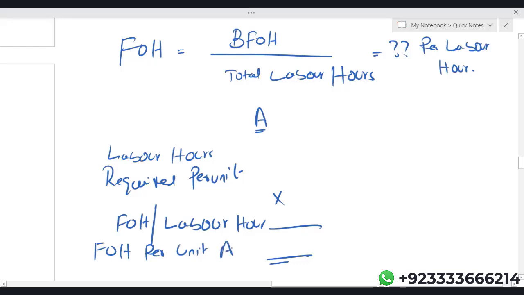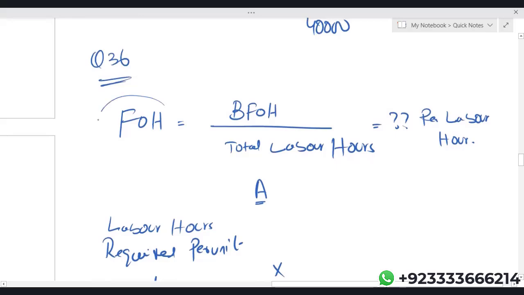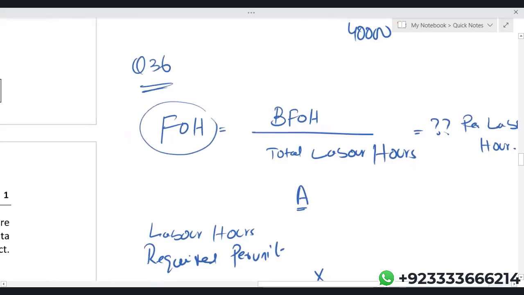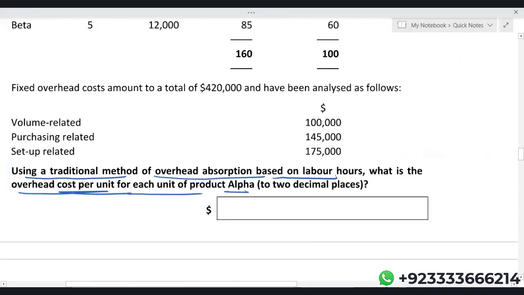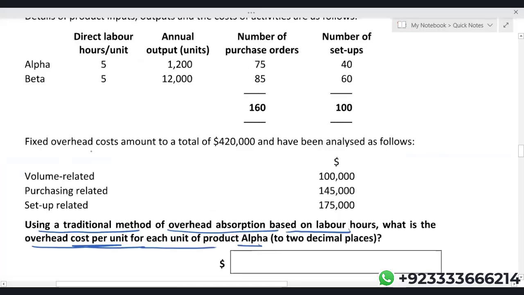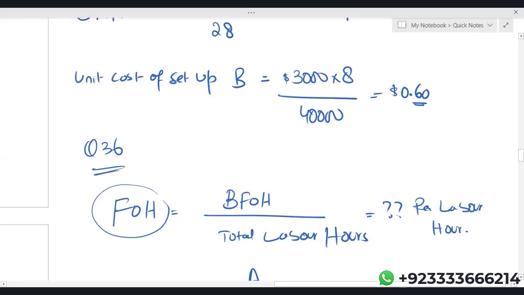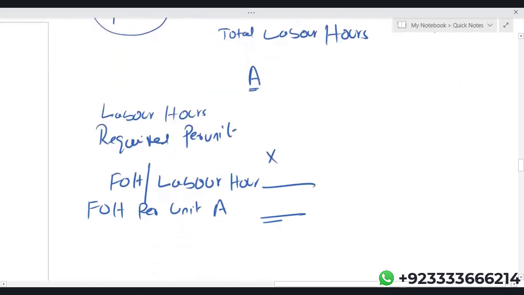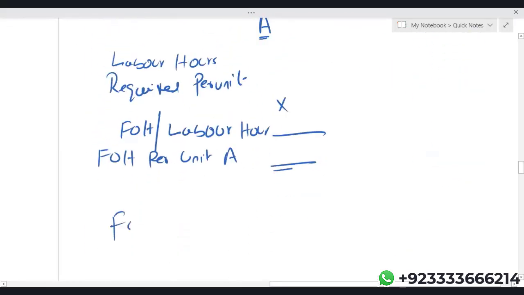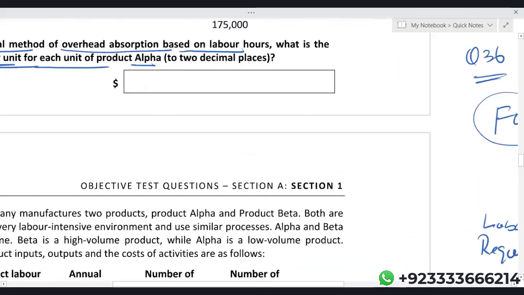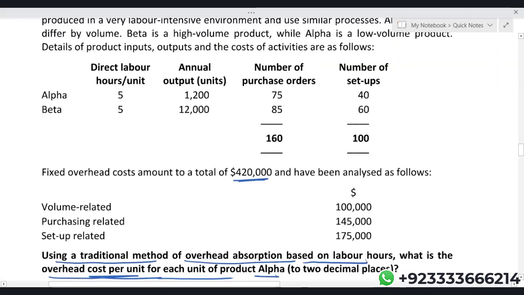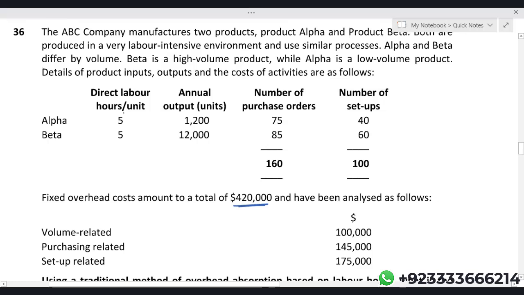So the main thing is first we have to calculate FOH rate per labor hour. Fixed overhead total is 4,20,000. So here it comes. They have given us 4,20,000. Now we need total labor hours. Direct labor hour per unit.